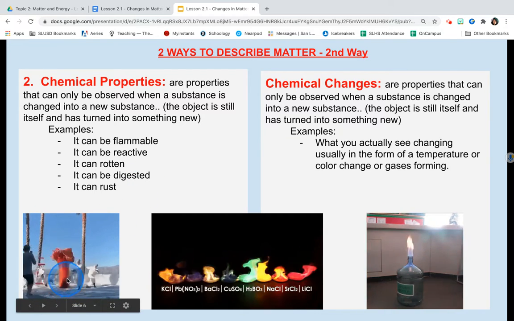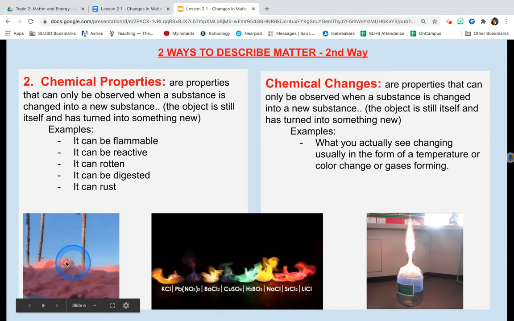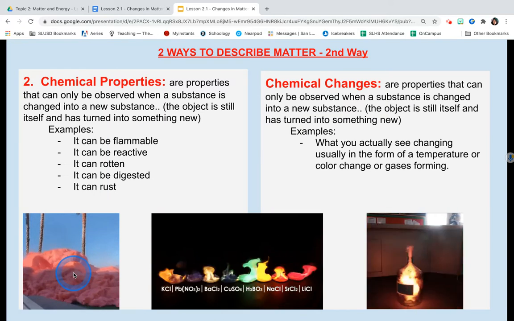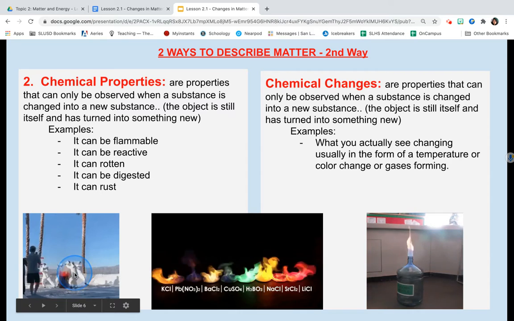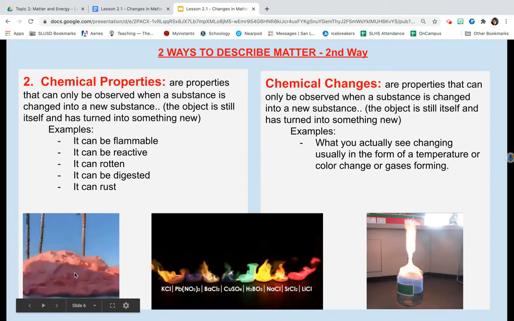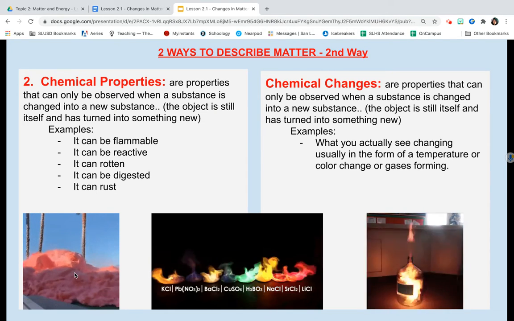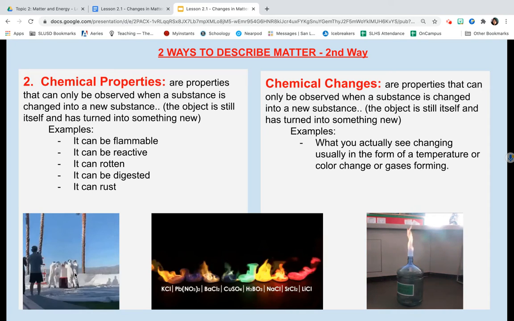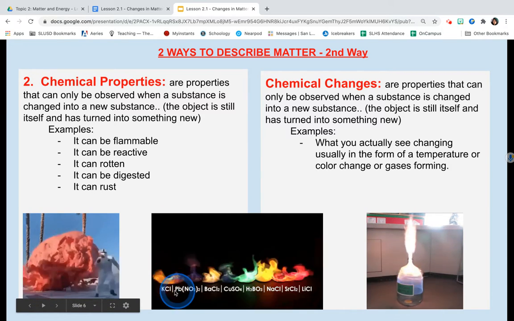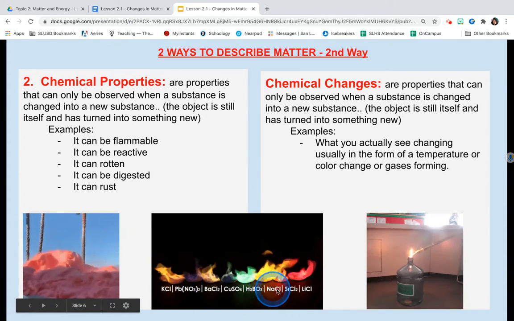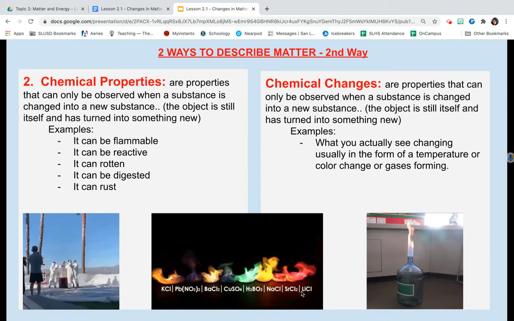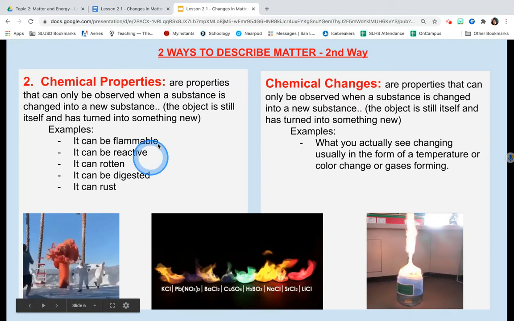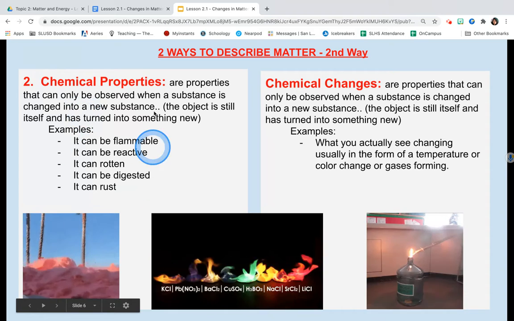So if I mix two things together on the GIF on the left, maybe a whole bunch of bubbles show up. So that's a chemical property of the two liquids, right? If I mix those two liquids, gas or bubbles will form. Or if I burn these specific chemicals, they will change colors. They can change colors, right? So these are chemical properties.